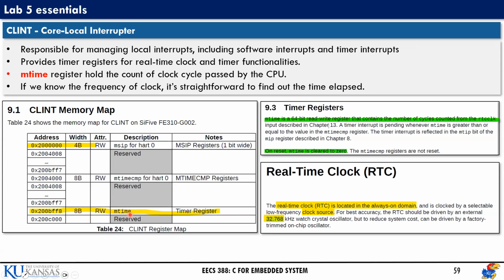The reason behind this huge width is that mtime is calculating time. We might need to run our hardware for maybe 2 or 3 years, and as it is continuously counting, we might overflow a 32-bit number. That's why the mtime register is more than 32 bits, and here it is 64 bits.